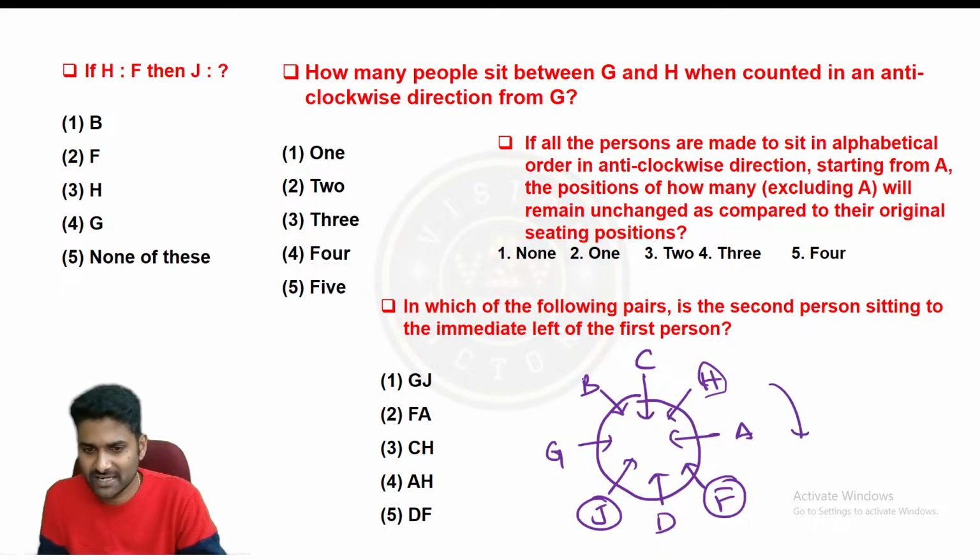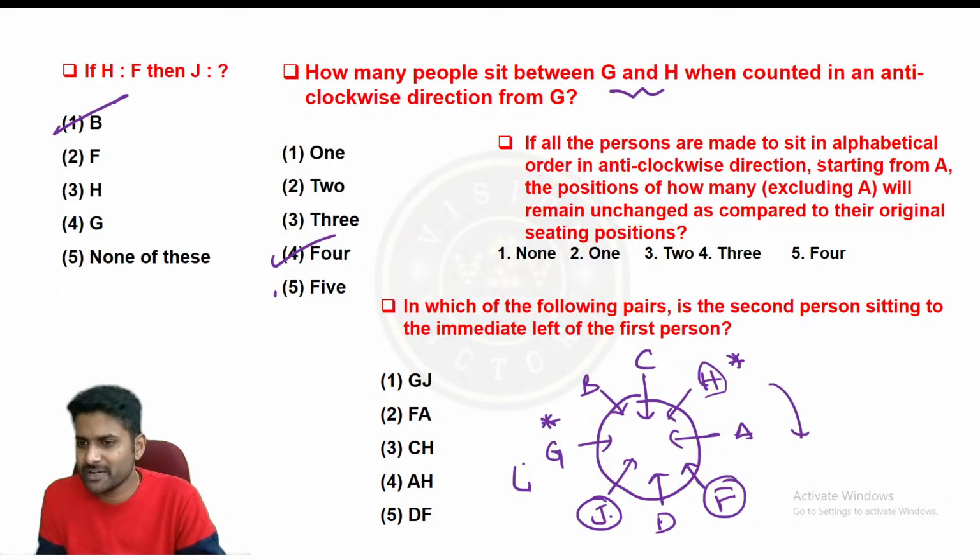If you move to that left side, now you have to place B. Next one: how many people sit between G and H? You have to count in the anti-clockwise direction from G. 1, 2, 3, 4 people.